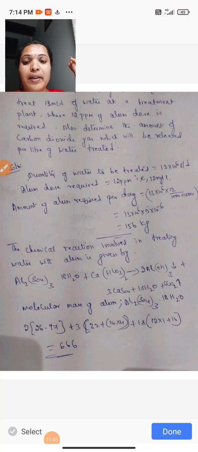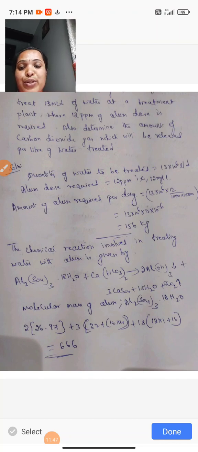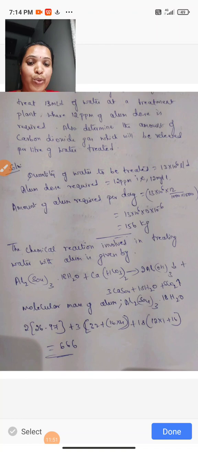Okay, then the chemical reaction is Al2(SO4)3·18H2O plus Ca(HCO3)2, it gives rise to 2Al(OH)3 plus 3CaSO4 plus 18H2O plus 6CO2. And for alum, the formula is Al2(SO4)3·18H2O.